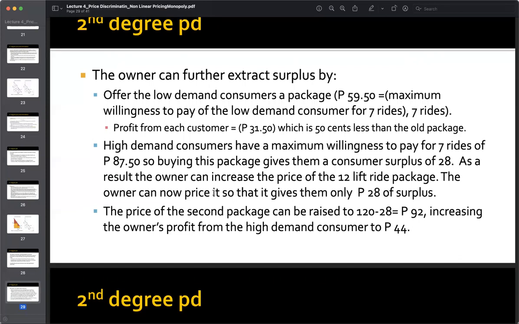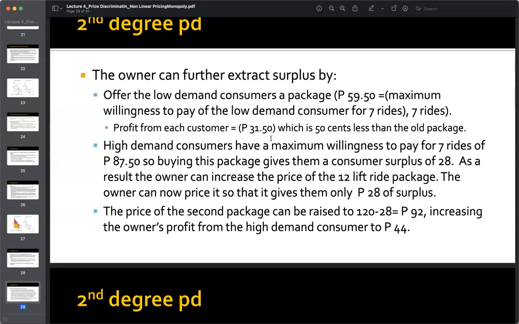You offer the low-demand consumers a different package, less than 8 rides, so less than the perfectly competitive output. Charge them their entire surplus, which I would invite you to calculate. That's $59.50. The profit from each consumer of the low is 31.5, which is 50 cents less than the old package.